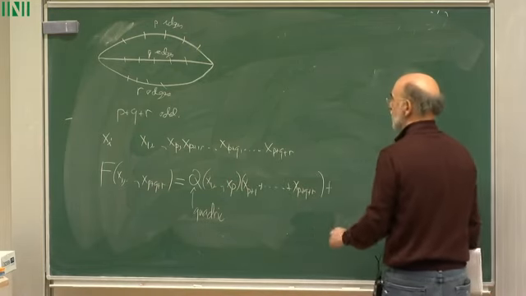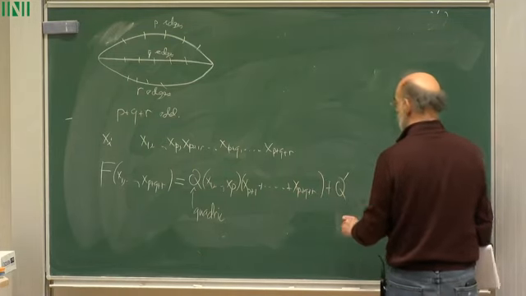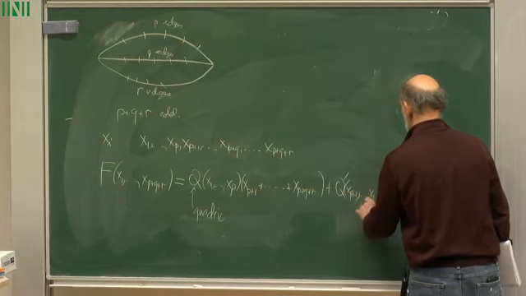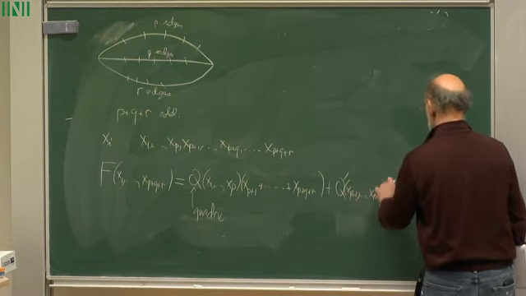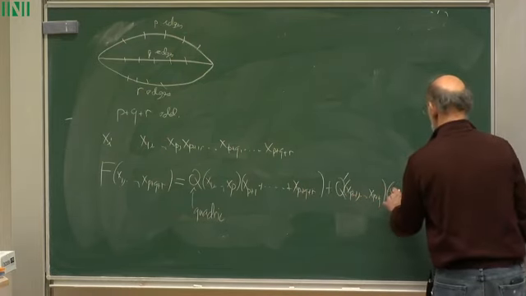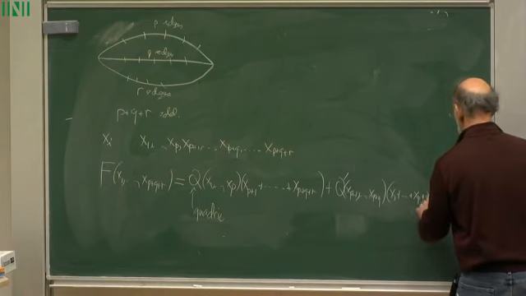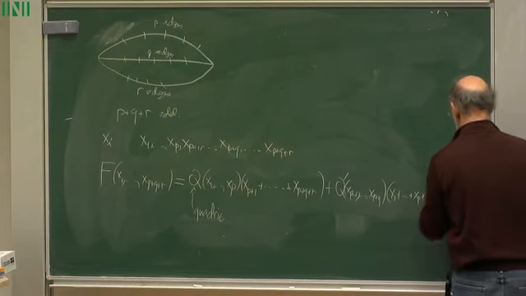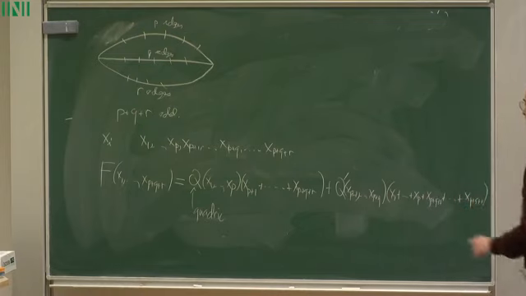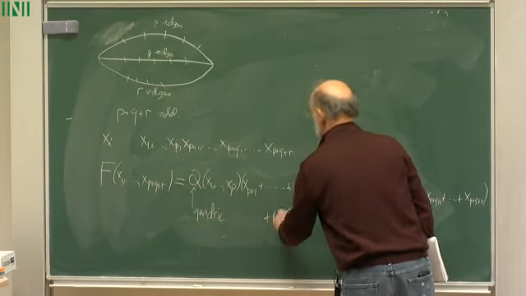And then I do the same thing again for the middle. I take a different quadric, I'll call it q prime, this time in x_{p+1} up to x_{p+q}. And then I'll multiply that by, again, the remaining variables. So I have x1 through x_p plus x_{p+q+1} through x_{p+q+r}. And then I do it again. And you can kind of imagine the story.